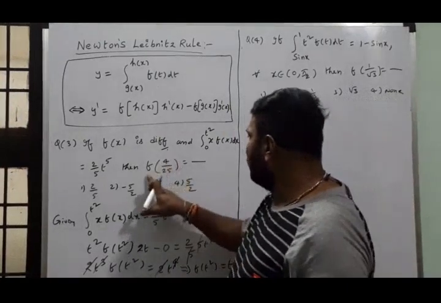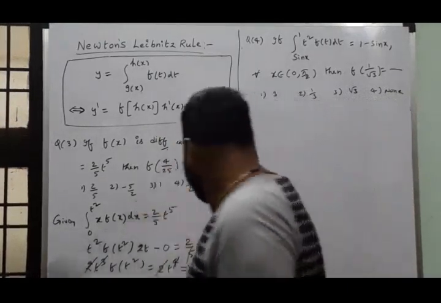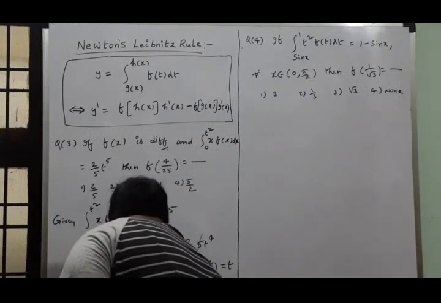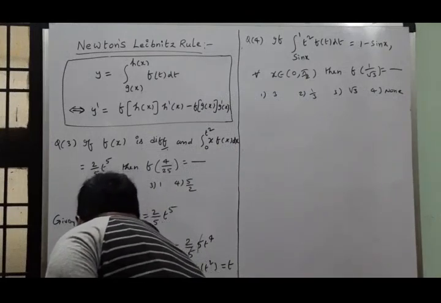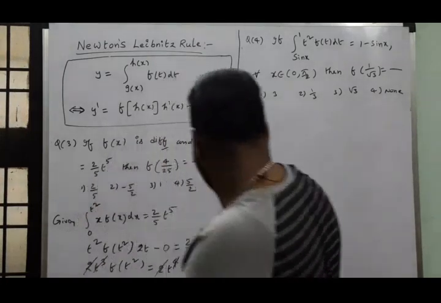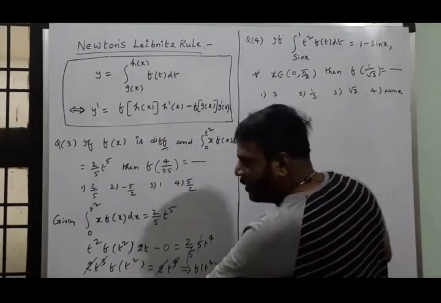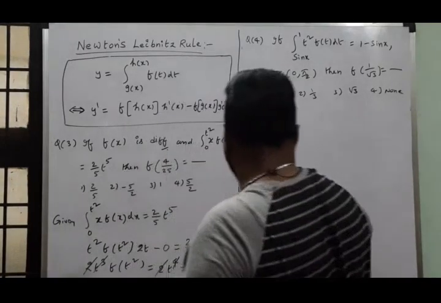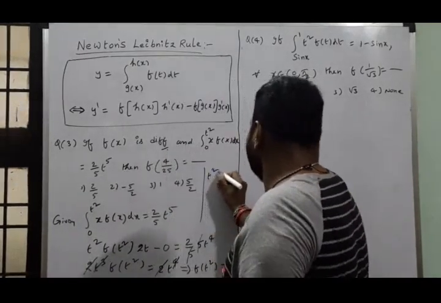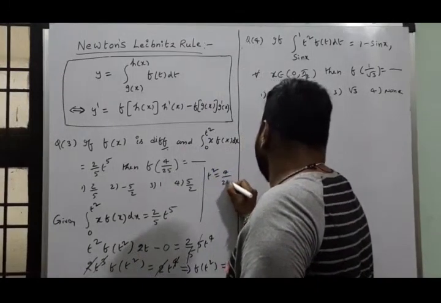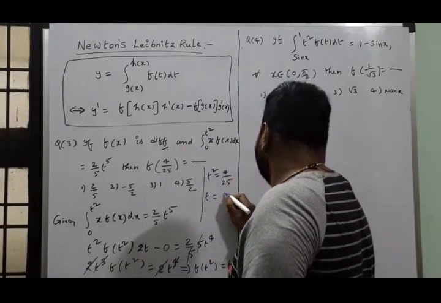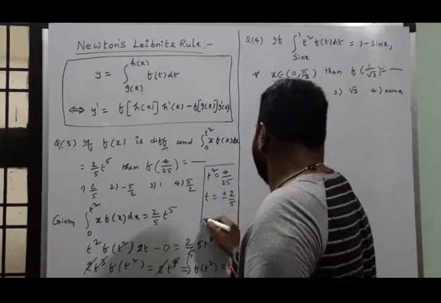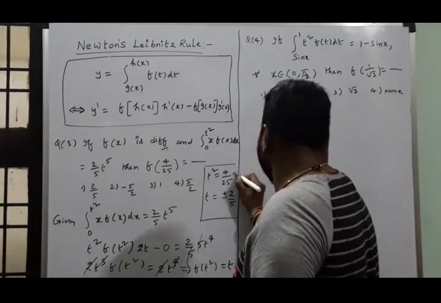Now you want to find out f of 4 by 25. So f of t square is equal to f of 4 by 25. So the t square value is 4 by 25. t square is equal to 4 by 25, then t is equal to plus or minus 2 by 5.